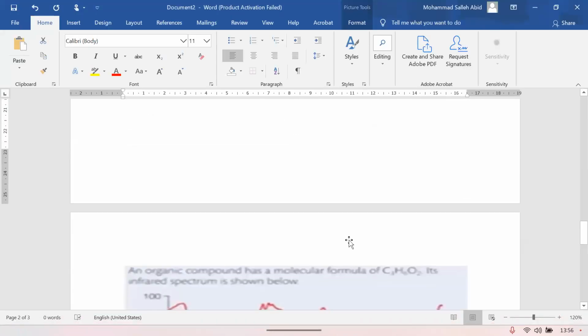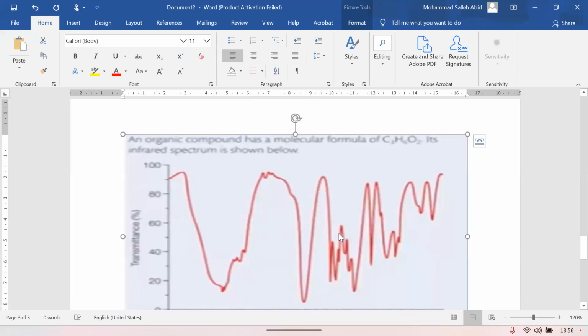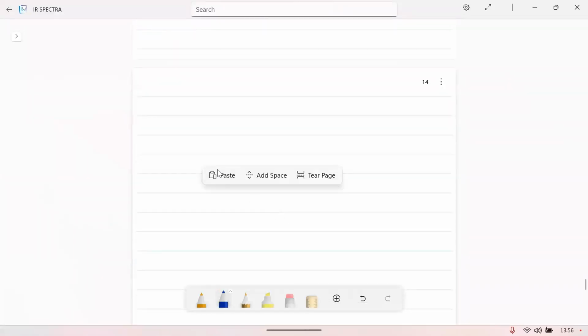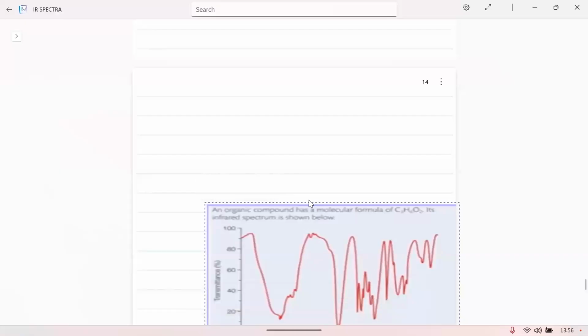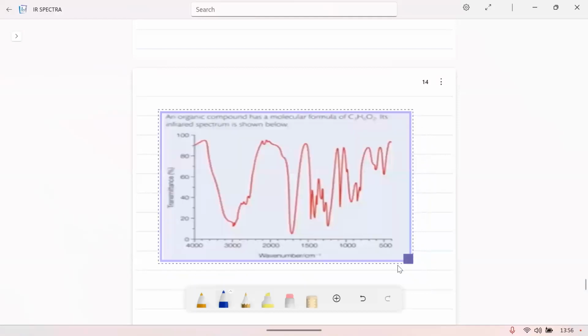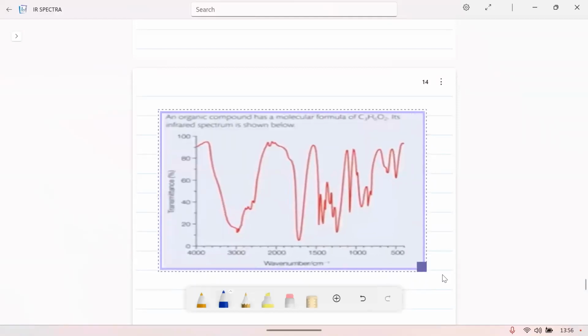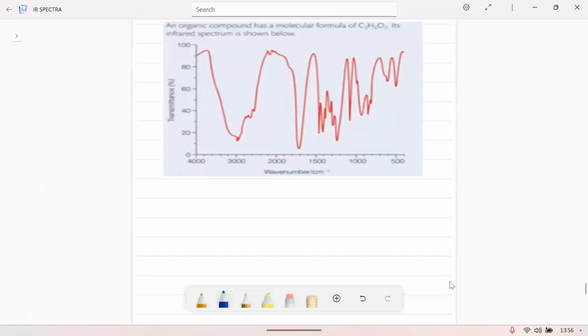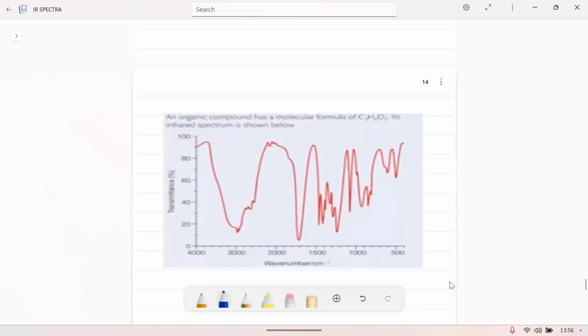Now, let's try to do another question based on this to understand it slightly more. This is given to us. As we said, a molecular formula is given to us as C3H6O2.